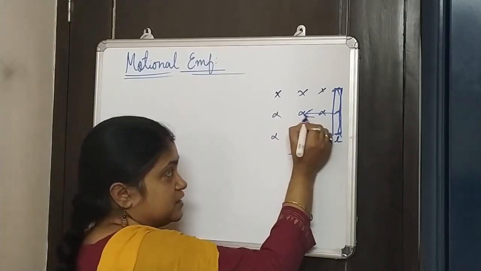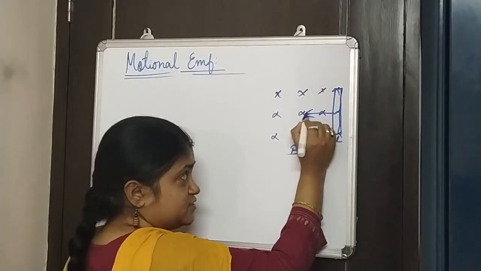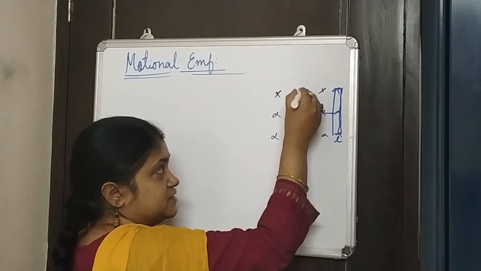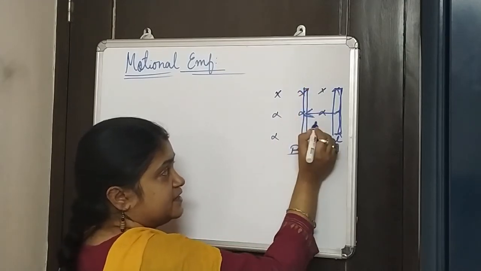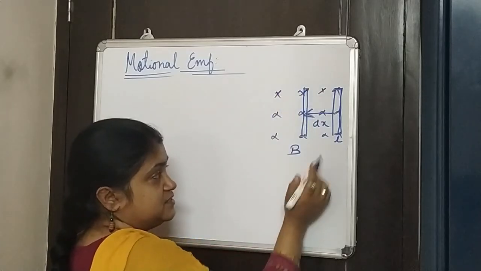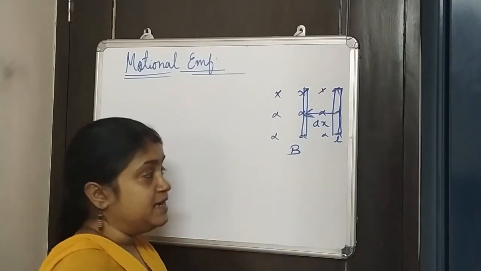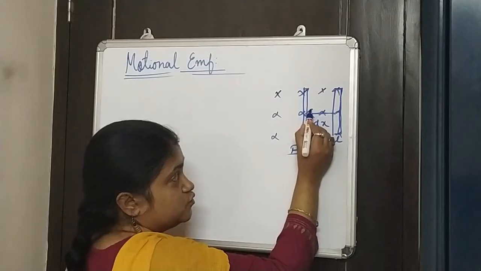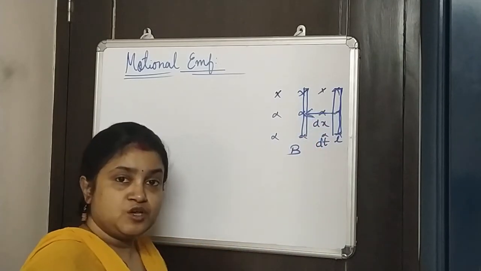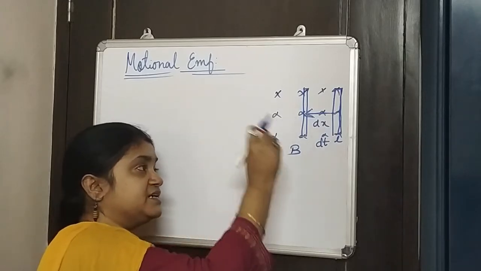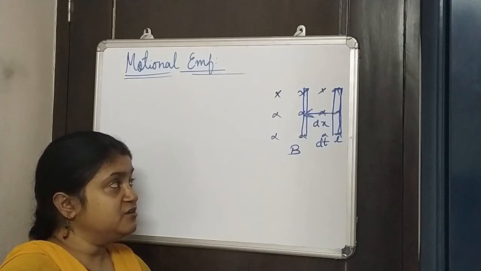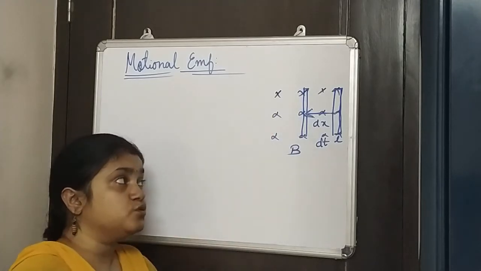Suppose it moves through a distance dx. This was the first position, this is the second position, the length of the rod is L, and it moves through a distance dx in a certain time dt.